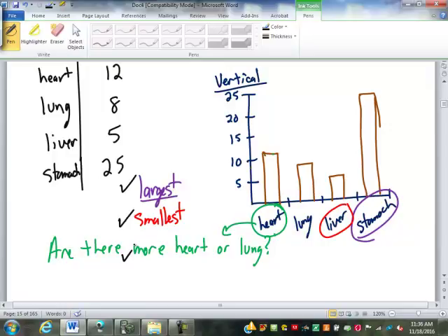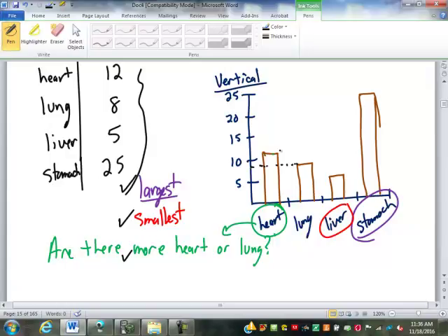A graph is not great at finding exact values. This one wouldn't be too bad if I wanted to know, without the table here to look at, how many patients have been admitted with lung issues, I could trace that over and probably be relatively confident that means 8. But what if this weren't 8? What if it were 800?